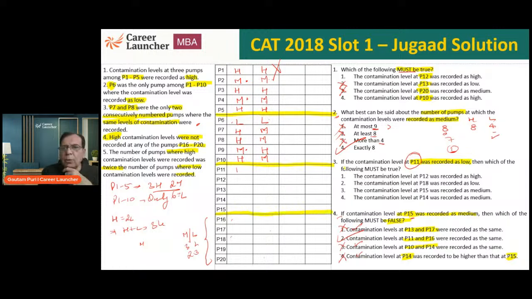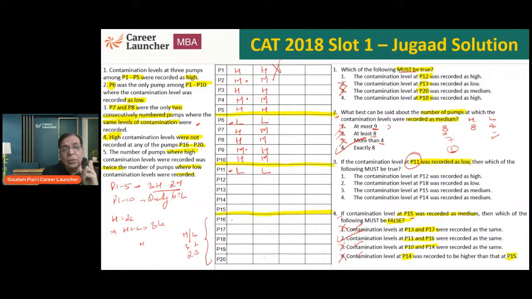Now come to question number 3. Contamination level in P11 was recorded as which of the following must be true? P11 is recorded as low in both the cases. How many lows are there? 1 and 2. And in this we will get at least 2 lows.